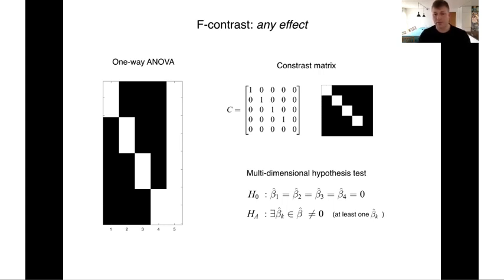Whereas the alternative, again, would be that there exists at least one beta parameter, so at least one effect in one of the groups, which is different from 0, so either positive or negative. So the effect being either positive or negative. So this is called any effect, or an any effect F contrast.